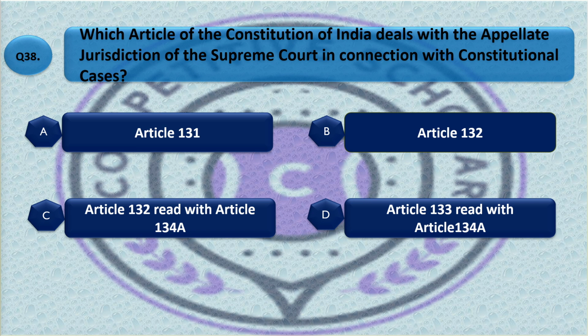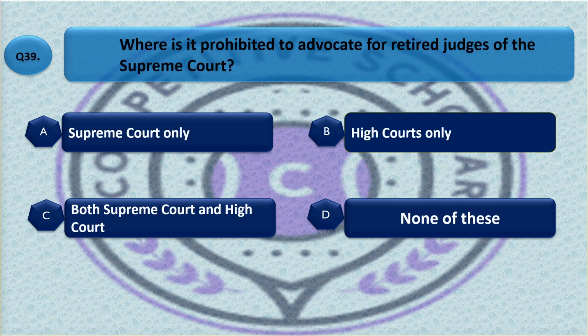Which article of the Constitution of India deals with the appellate jurisdiction of the Supreme Court in connection with constitutional cases? Option A, Article 131. Option B, Article 132. Option C, Article 132 read with Article 134A. Option D, Article 133 read with Article 134A. So answer is option C, that is Article 132 read with Article 134A.